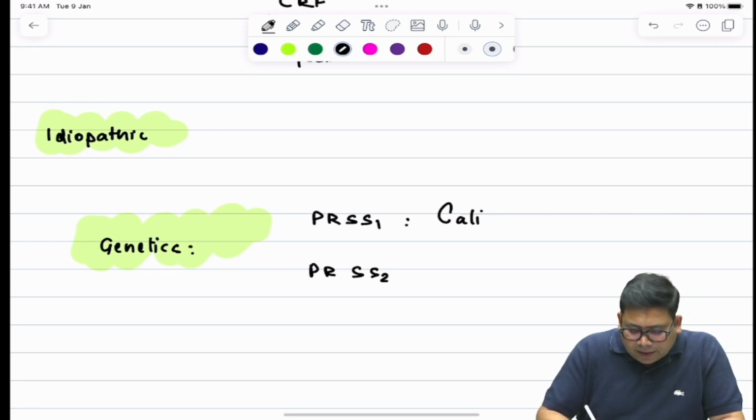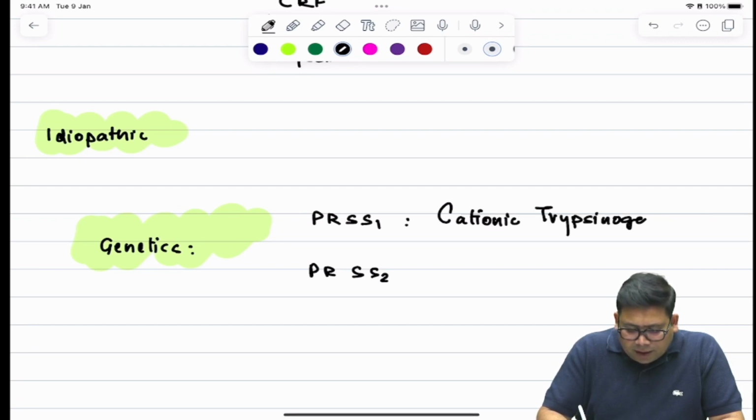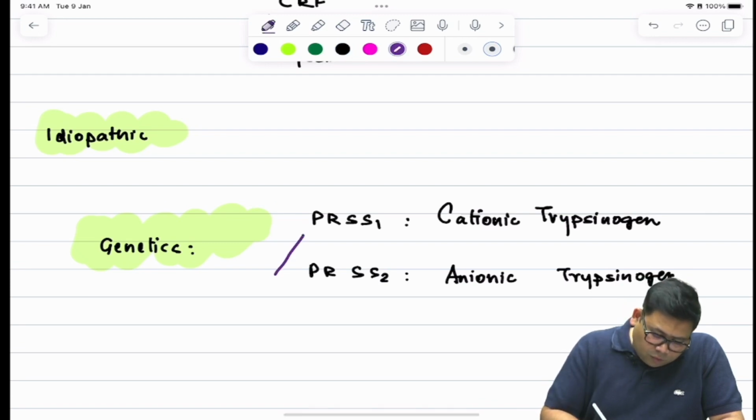This is the cationic trypsinogen gene. And what is PRSS2? This is anionic trypsinogen. Always remember, both cationic and anionic trypsinogen are associated with hereditary pancreatitis, and this is very important.